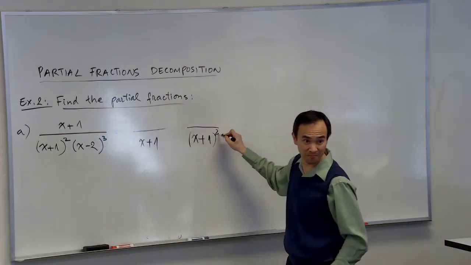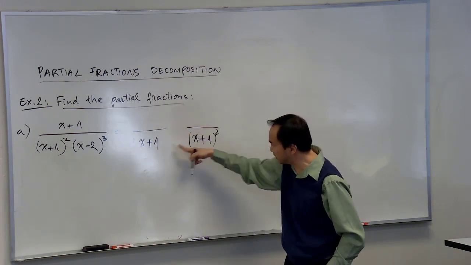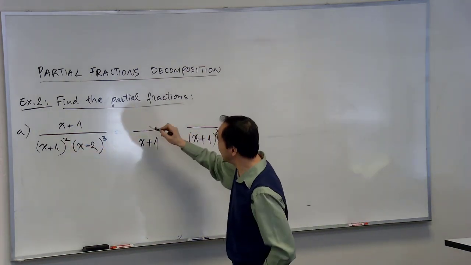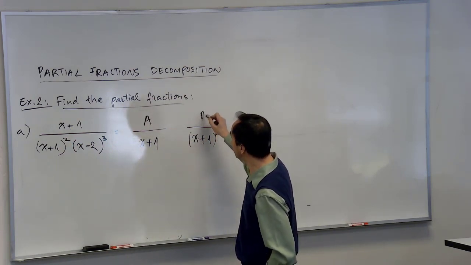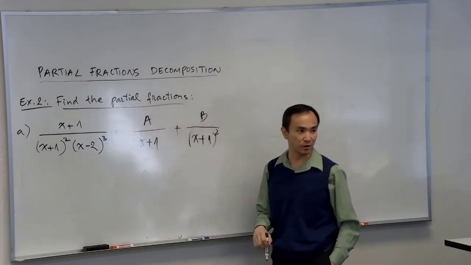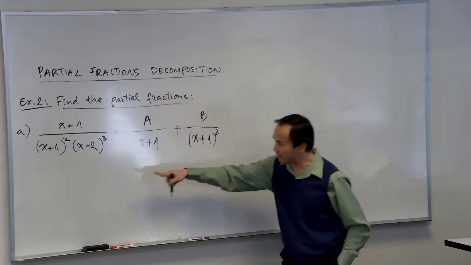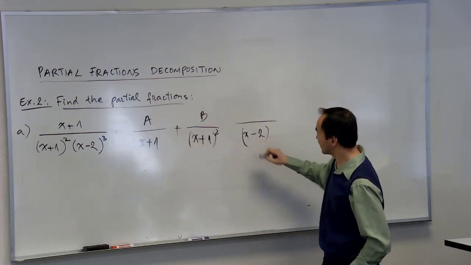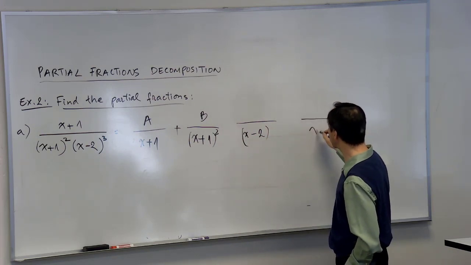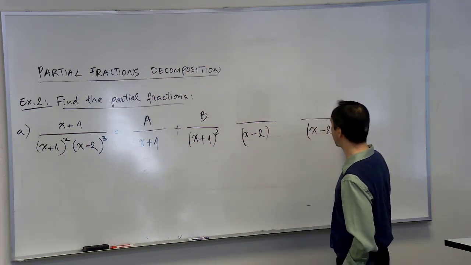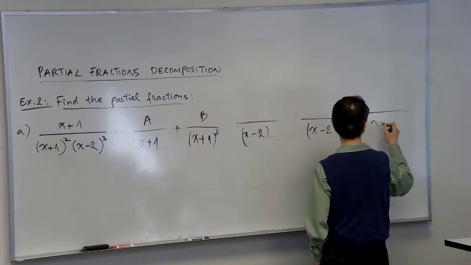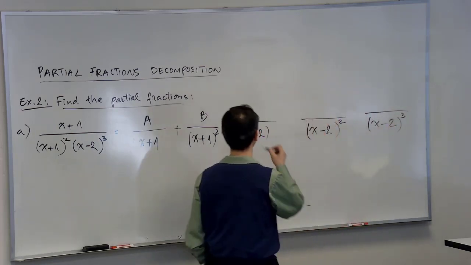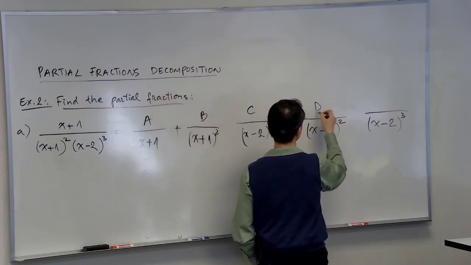We keep increasing that power until we reach the highest power for that repeated one. I need a coefficient on top of each of these, all added. Then we move over to the next distinct one, x minus 2, and I need another fraction for x minus 2 squared, and another one for x minus 2 cubed. That's the plan. So we go C, D, and E.